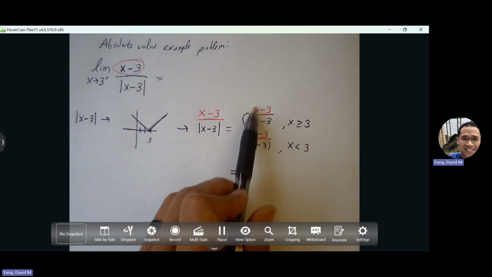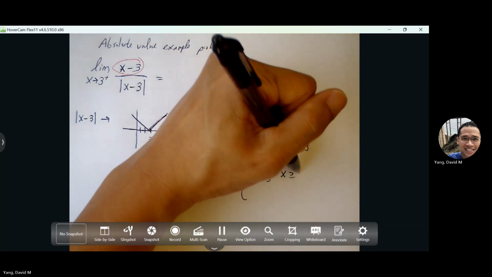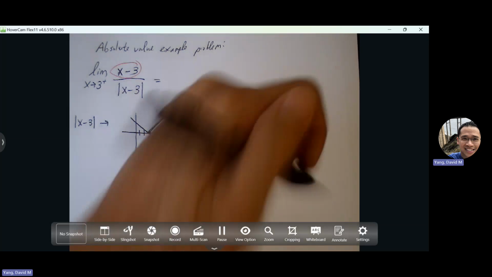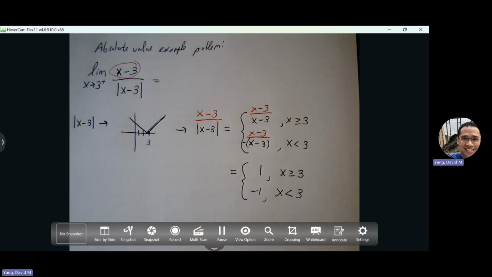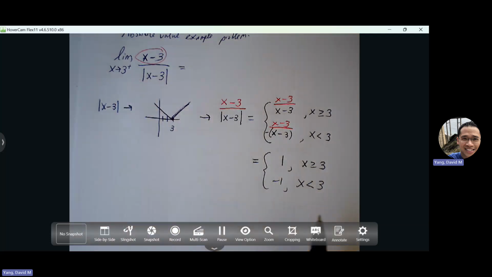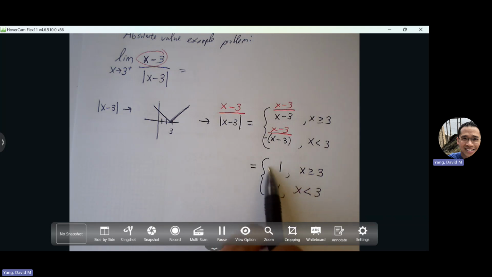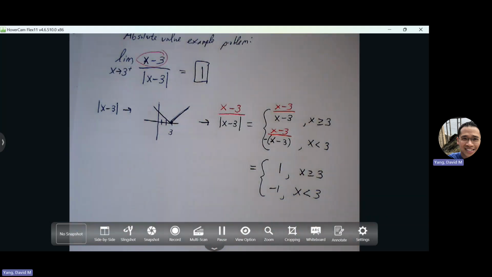So x minus 3 over x minus 3 is just going to be what? 1. And then this is equal to what? Negative 1. So now it's a lot easier to read this, right? Limit as x approaches 3 from the right. From the right of 3 is this piecewise, and we're going from 4 to 3.1, 3.001. It's headed towards 1. So that's why our one-sided limit there is just equal to 1.